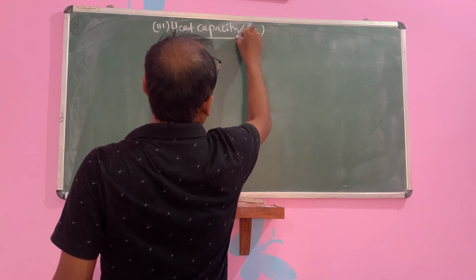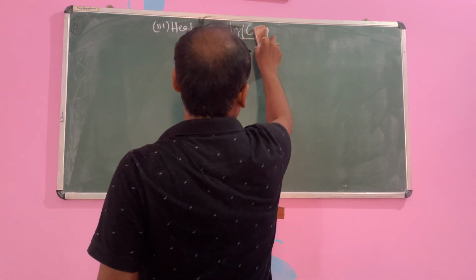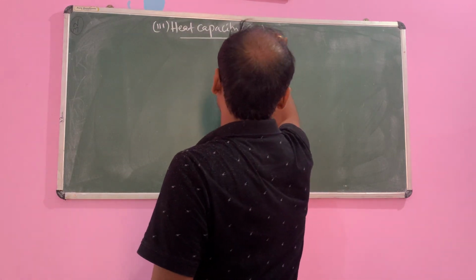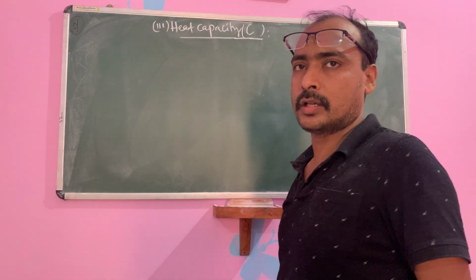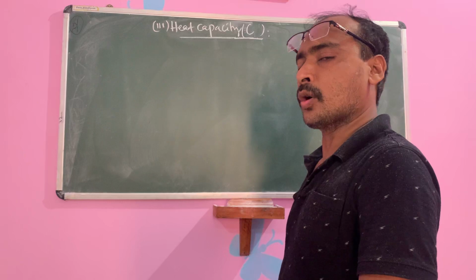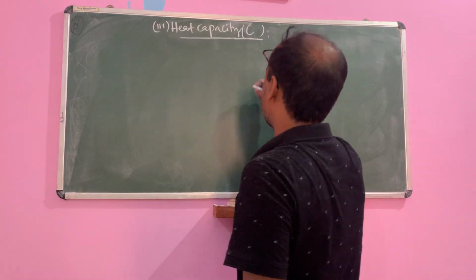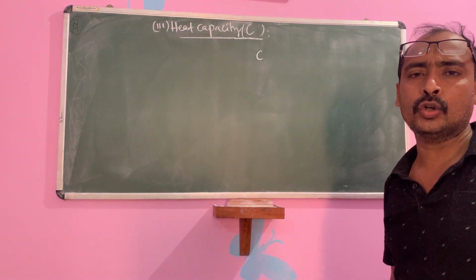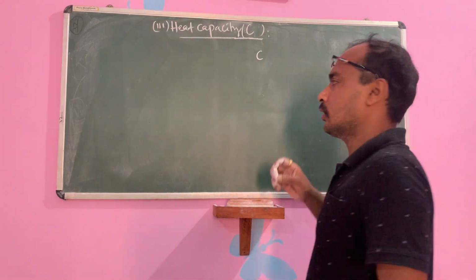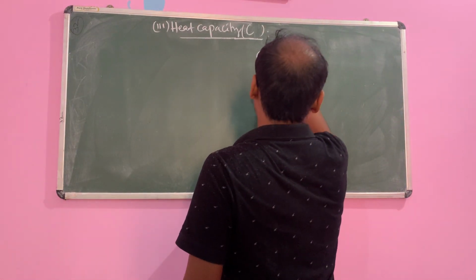Cp and Cv, the two heat capacities related to pressure and volume, we will discuss in the next lesson, in thermodynamics. Children, heat capacity C is equal to Q by T2 minus T1, the temperature difference, where Q is the heat.